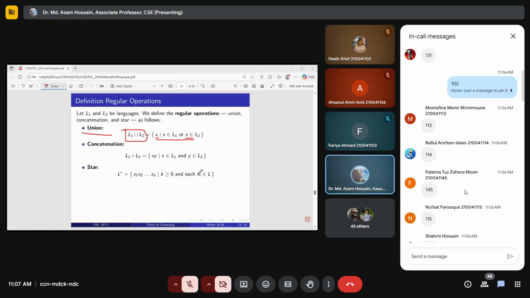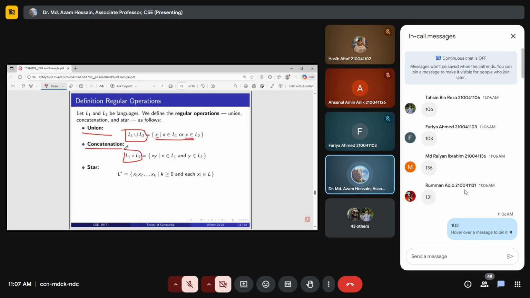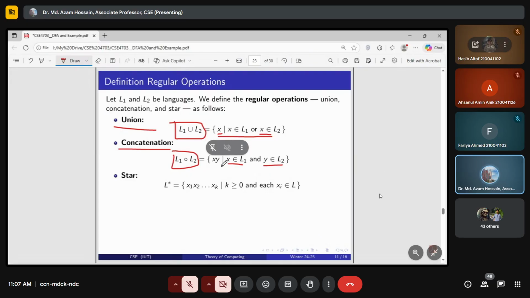It's very simple. Then concatenation: if I have two languages, L1 and L2, and X is a member of L1 and Y is a member of L2, then the concatenation is XY. X comes from L1 and Y comes from L2.